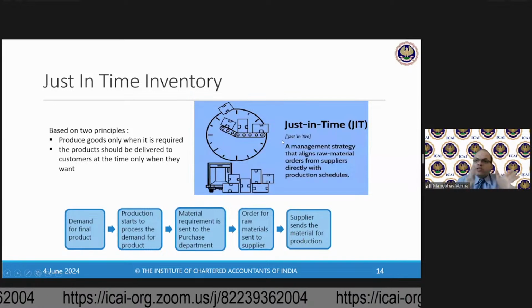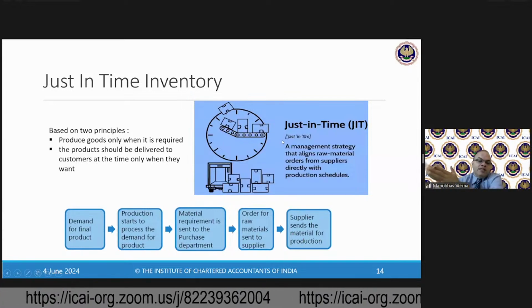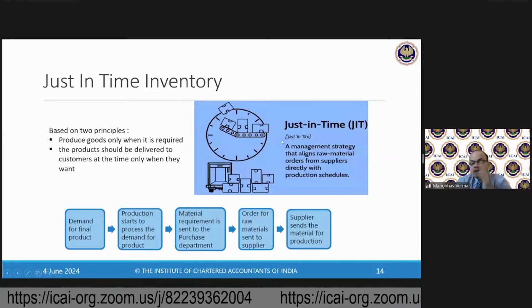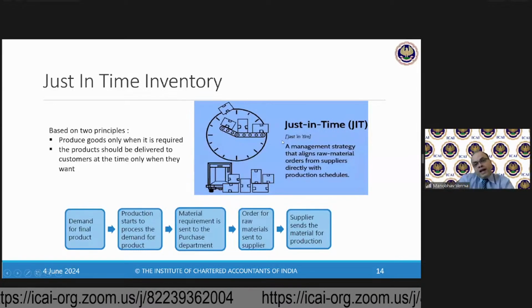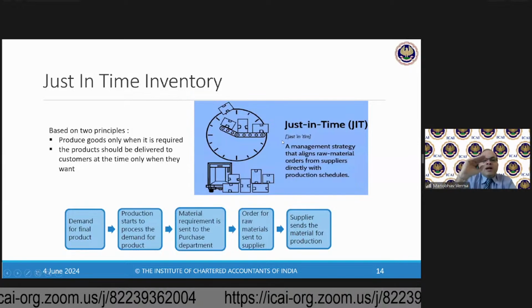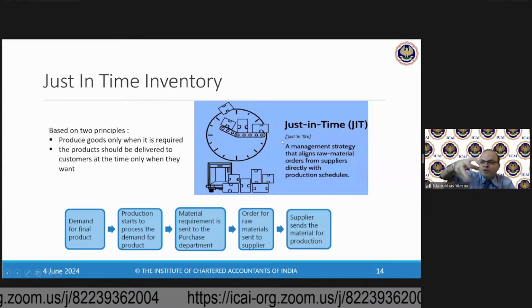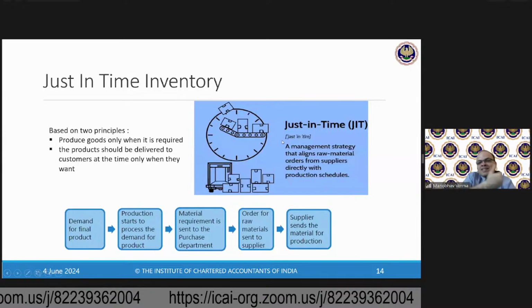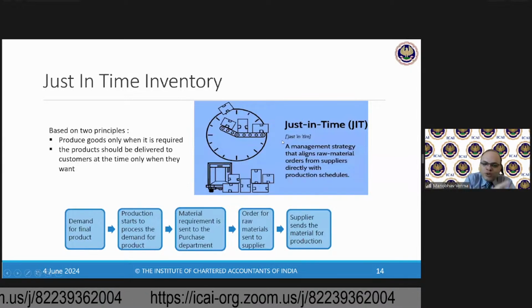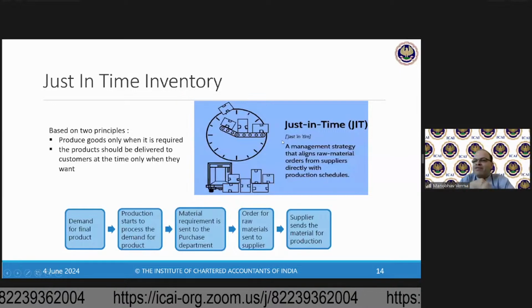As soon as the production is happening, the material requirement is sent, and the material requirement is connecting to the order, and the supplier is sending the product. If I look from right to left now, instead of left to right, as soon as there is a requirement for the raw material, the vendor should already be sending that material to you. As soon as there is a request for production, that material is issued, and as soon as the customer places the order, you are selling that final product.